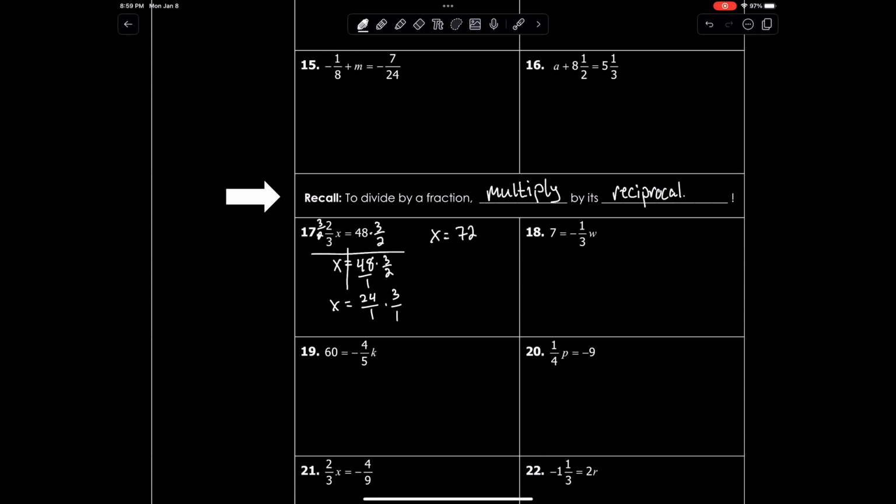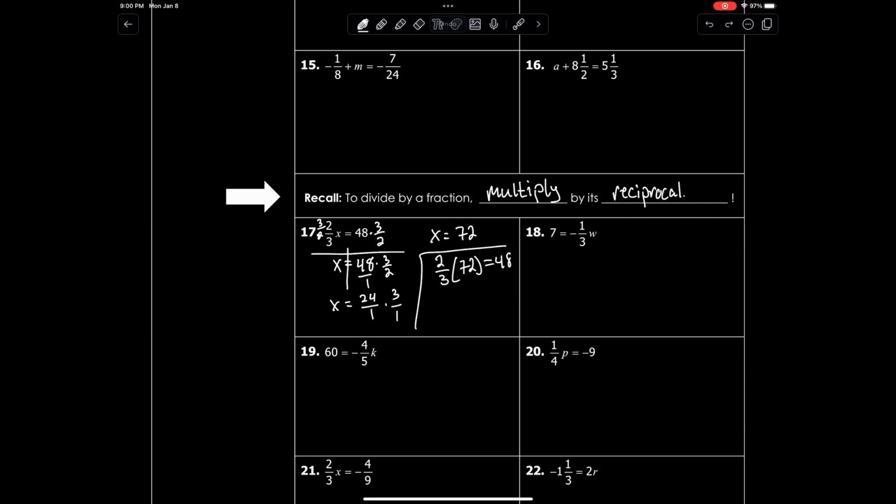72. And we should plug that back in to double check that that answer is correct. We should always check our answer. So we have 2/3 times 72 should be equal to 48. And we're going to do the same thing we did before. This is 2/3 times 72. So what we're going to do is reduce diagonally again.